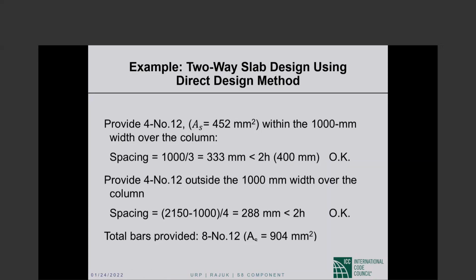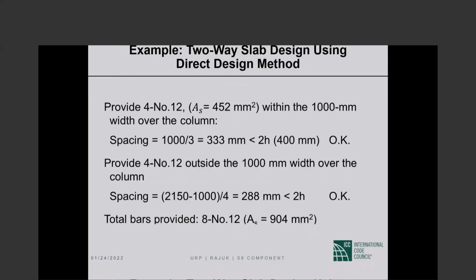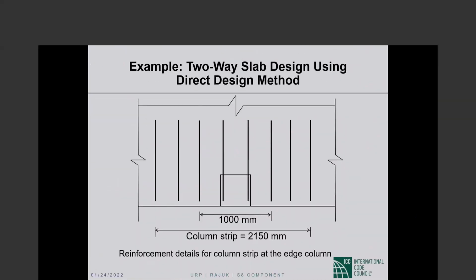Our column strip width is 2150. So outside of the 1000 millimeter moment transfer band, we will provide 4 number 12 bars. The spacing of those bars is still less than 400 millimeters, so we are fine. So we are providing 8 number 12 bars in our column strip. And this is the picture.